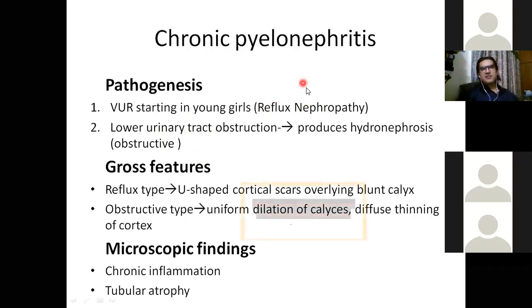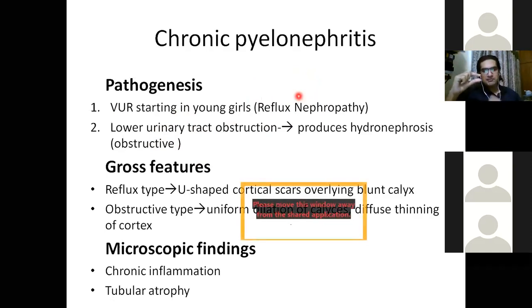Reflux nephropathy is whenever there is a problem in the ureter, in the wall of the urinary bladder, that is the intravesical part of the ureter. Typically, it is obliquely placed in the wall, in the muscle of the urinary bladder.